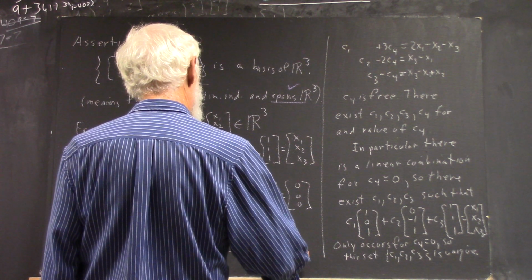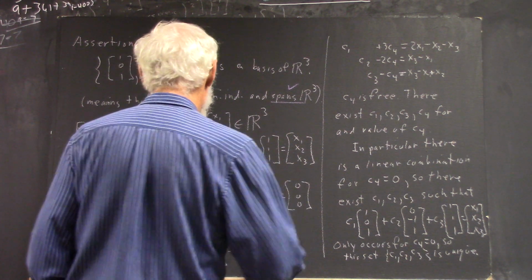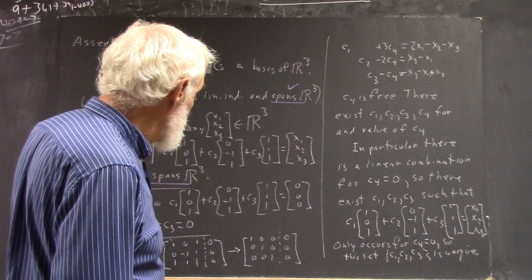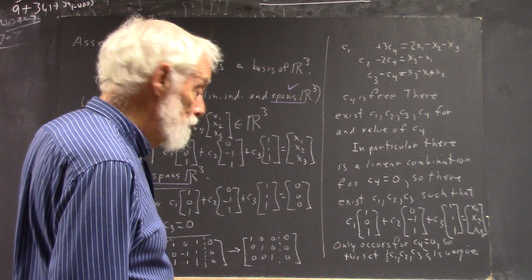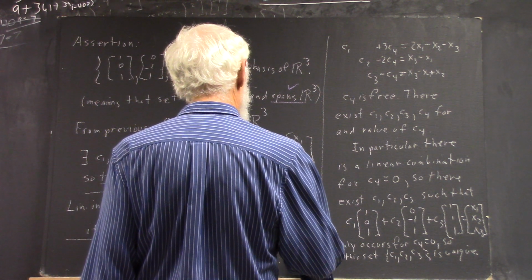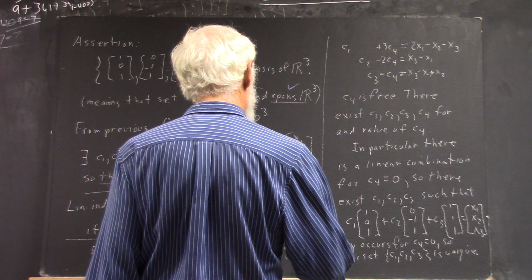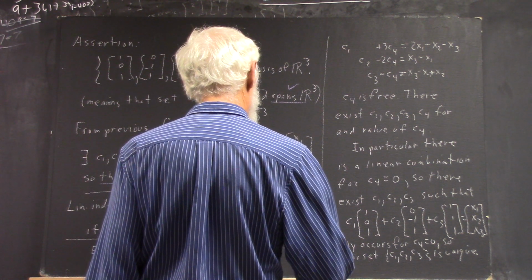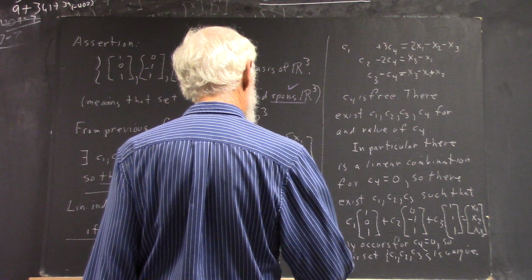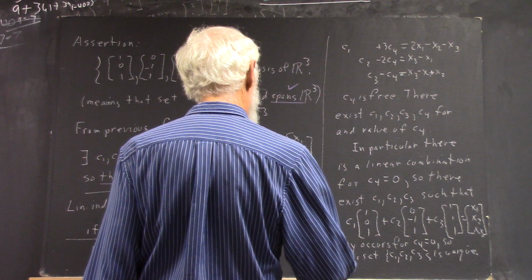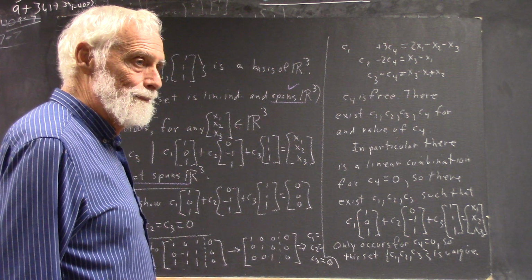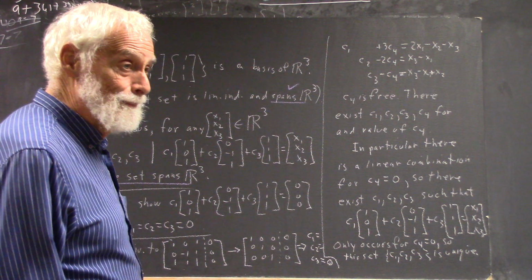And of course, no matter what you do, these zeros are always going to give you 0. Okay? And this implies C1 equals C2 equals C3 equals 0, which is what we had to prove. There's a proof of linear independence.